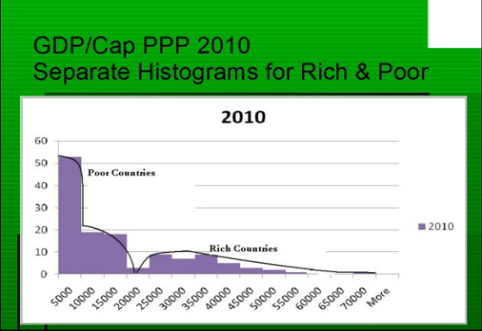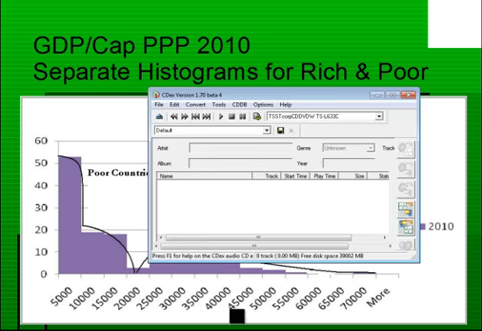One issue and one problem is that the bin size for the rich countries is different from the bin size for the poor countries.